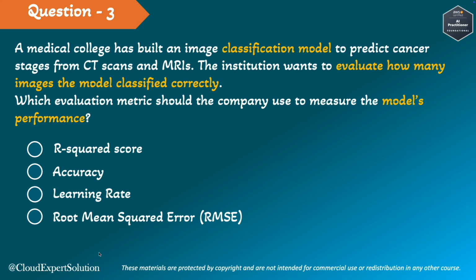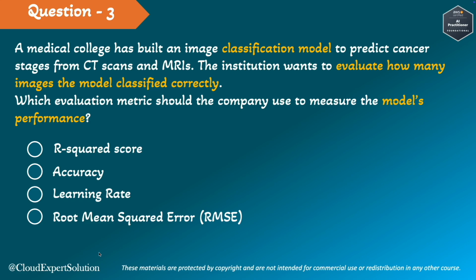In terms of key phrases, from this option, we need to identify the metric which is applicable for classification model. Then we want to evaluate how many images the model classifies correctly, and also we want to measure the model's performance. Let's review the options one by one.